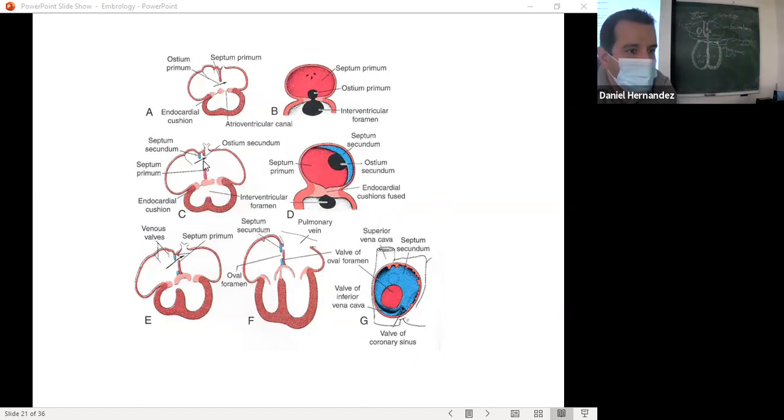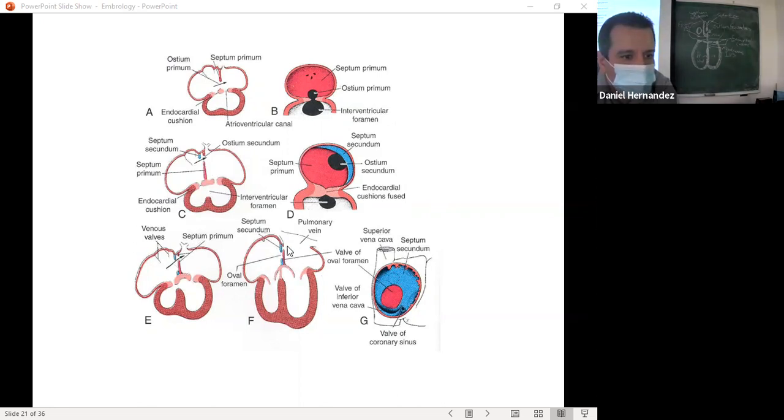That hole now becomes the ostium secundum, or the secondary hole. You have further development of the septum secundum, and then you wind up with the foramen ovale, that channel between the septum primum and the septum secundum.